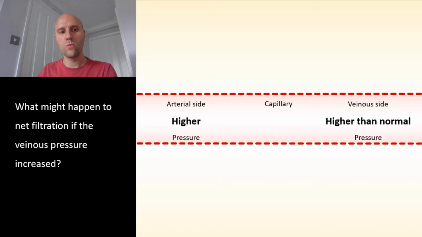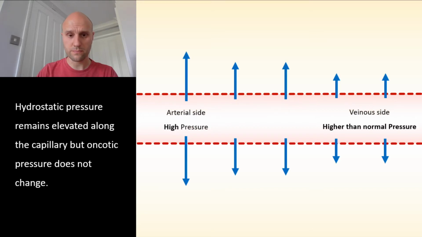Now, we mentioned earlier that as we move from the arterial side to the venous side of the capillary bed, there's a drop-off in pressure. But what happens if there's a build-up in pressure on the venous side? We can see that the hydrostatic pressure doesn't diminish as much as you travel from the arterial to the venous side.